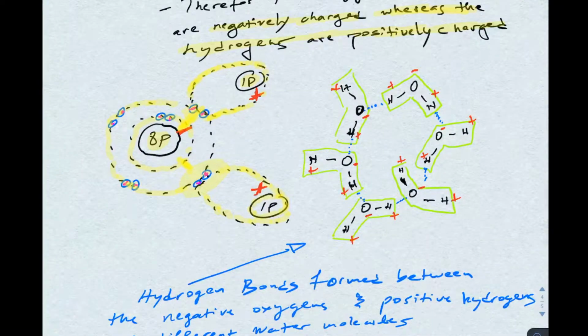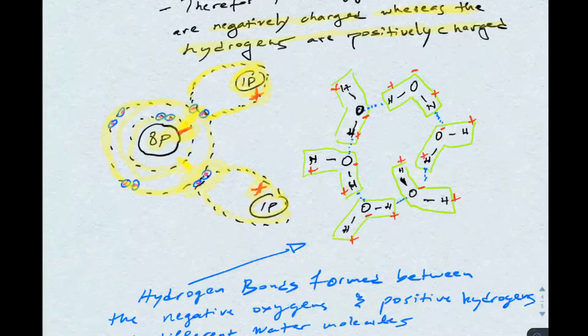What happens is because these electrons are closer to oxygen, the overall charge of that oxygen will tend to be negative, and so we draw this minus sign on it. The hydrogens, on the other hand, will have that positive proton in the nucleus, but the electrons being shared with oxygen are so far away from its nucleus that they will tend to have positive charges on them. And so we draw these plus signs on the hydrogens.